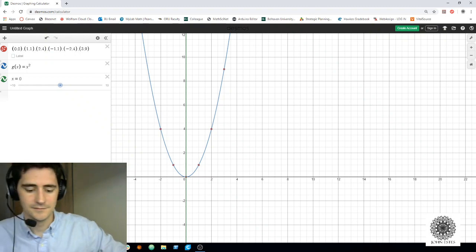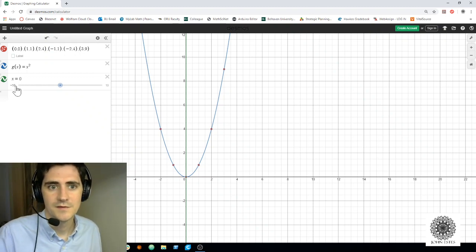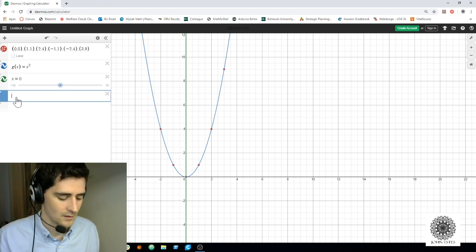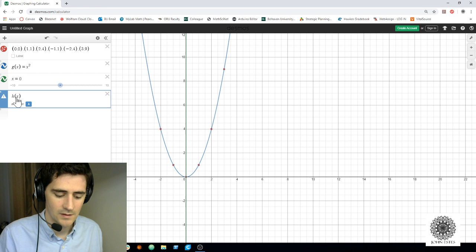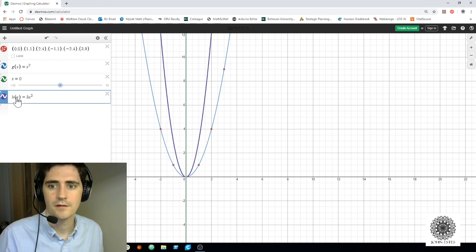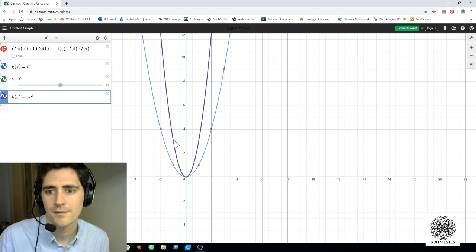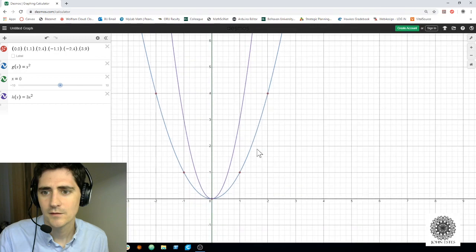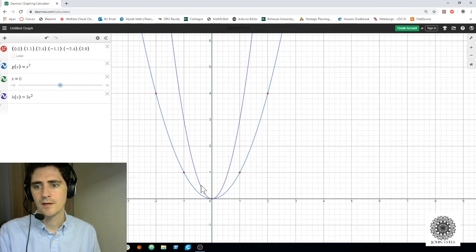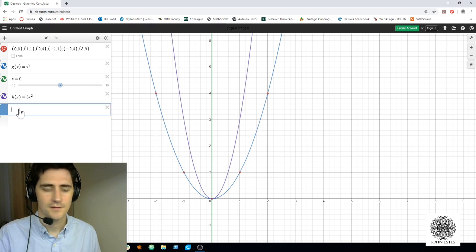All right. So we have g of x equals x squared. Now let me do this one. Let's let h of x be, how about 3x squared? So I multiplied it by 3, and I got this purple graph. And it's still a parabola, but notice it's kind of shrunk or condensed.